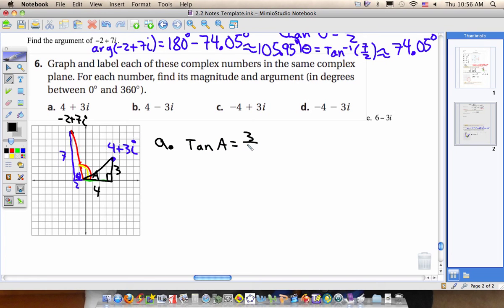So for A, tangent of A is opposite over adjacent. So A would be the tangent inverse of 3/4. And what is that to the nearest hundredth of a degree? 36.87.